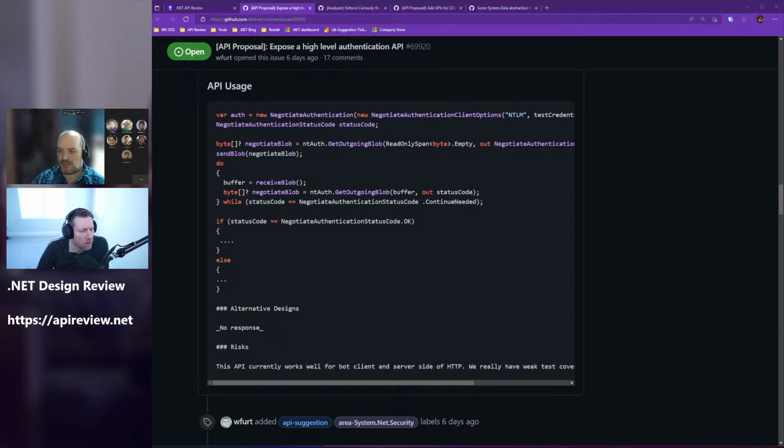Yeah, I guess my question is, if I then initiate a networking call, let's say an HTTP client, how does that HTTP client use the authentication I just performed?